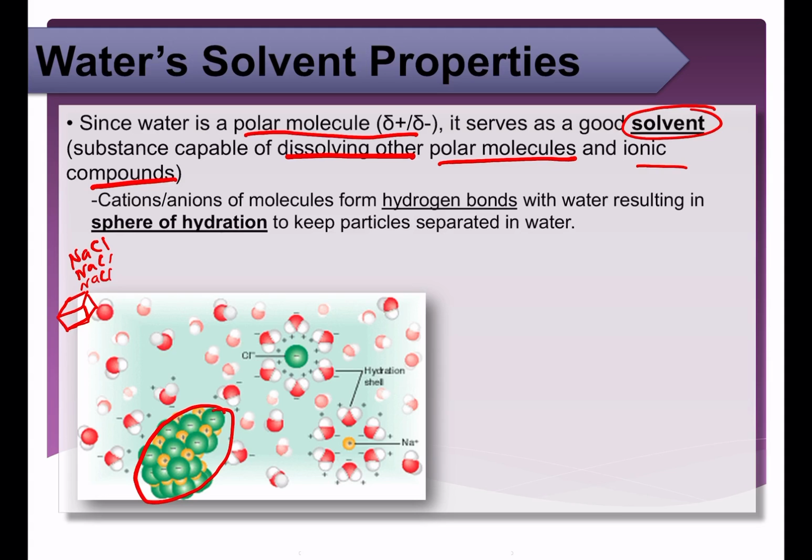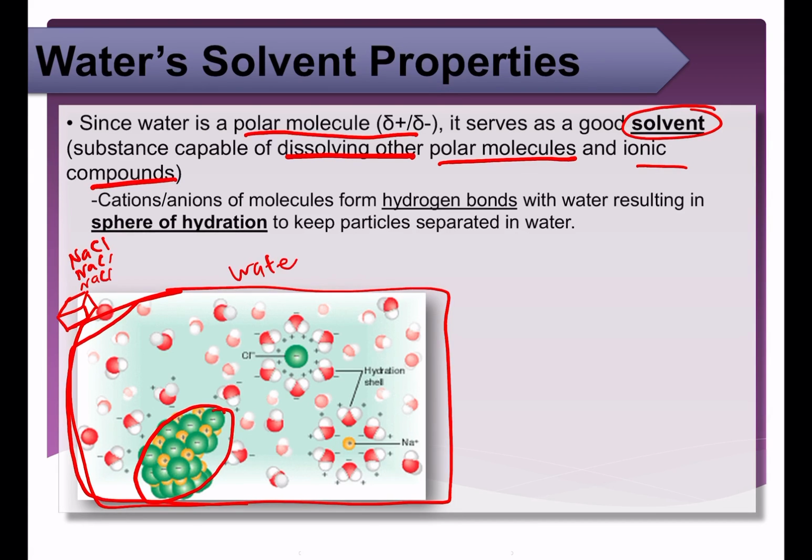Okay, so when this block of salt is submerged in, let's say, a whole big beaker or tub of water that we're dunking this block of sodium chloride into, what happens is, remember that water molecules are polar, where the oxygen has a partial negative charge.